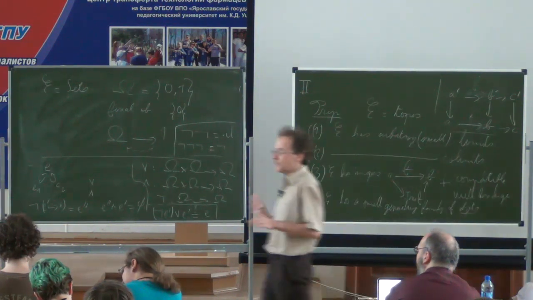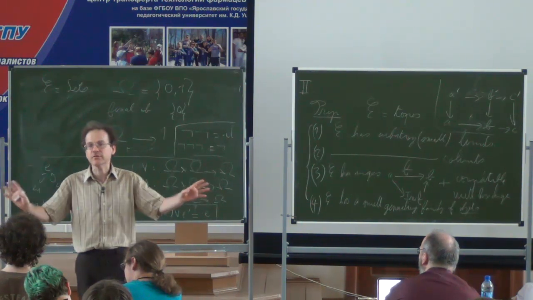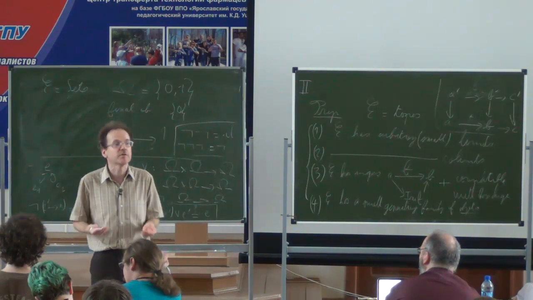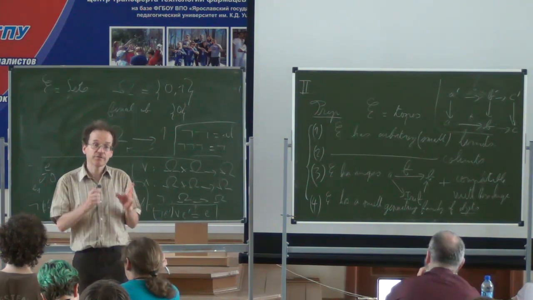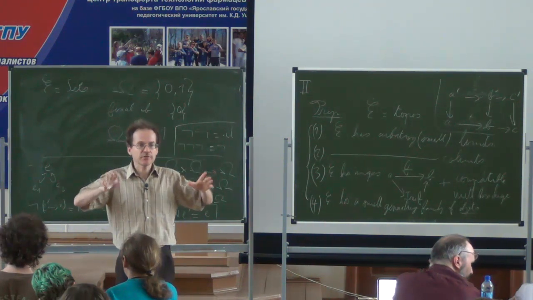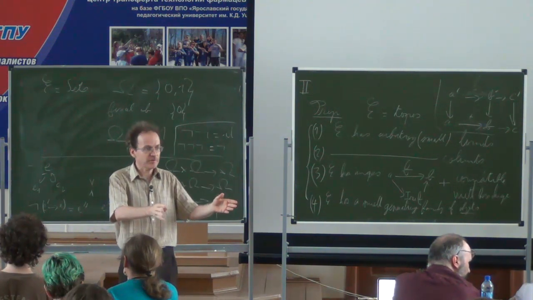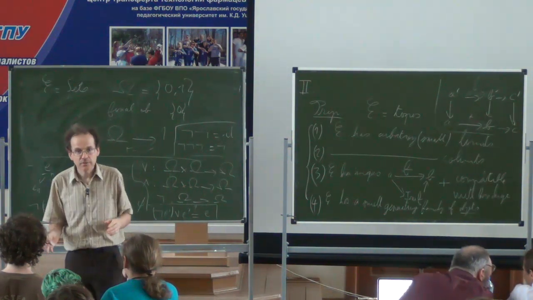So here, what I want to say is that, in some sense, there is a logic inherent to any topos. When you have a topos, there is, in some sense, an inner logic of the topos.